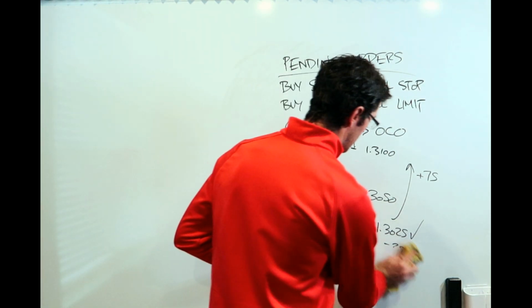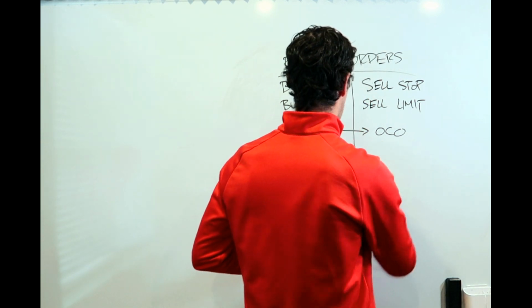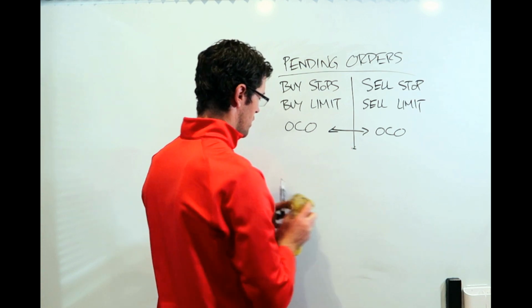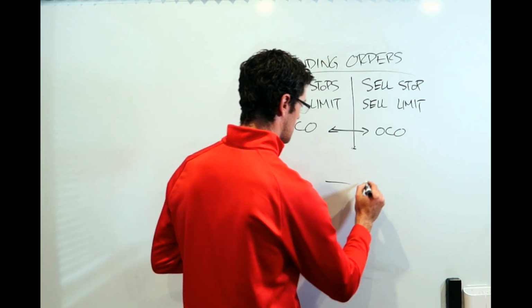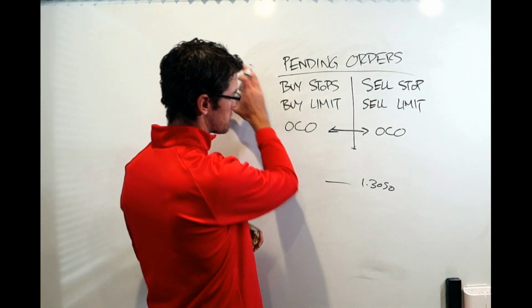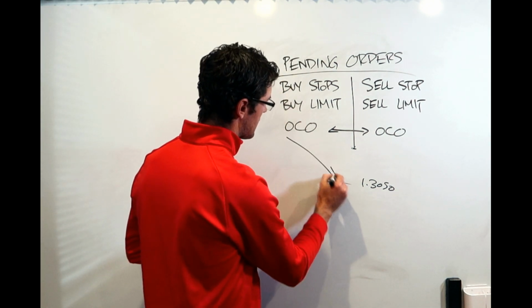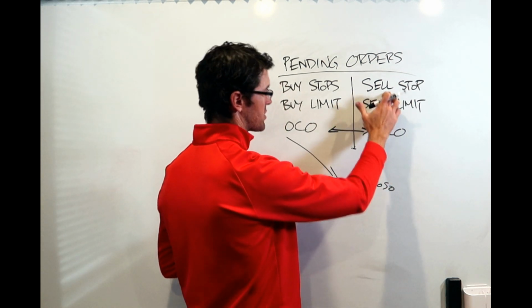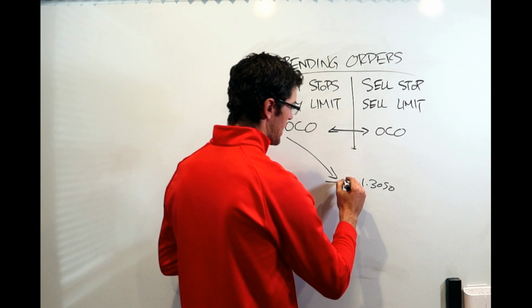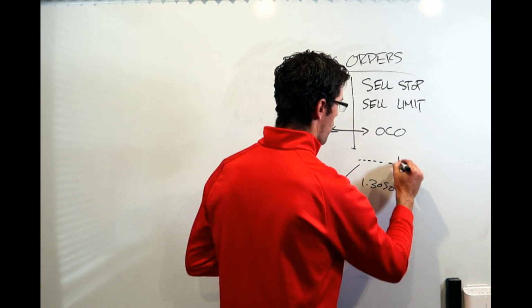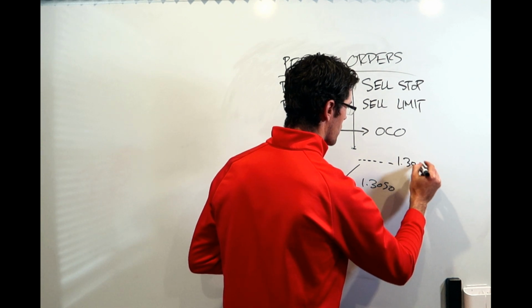Good? Okay, let's flip that around. Now, price again is at 3050. And we've been coming off this great little trend to the downside. Now, rather than selling below current price like we would on a sell stop, what we're going to do instead is put a sell limit at 1.3075.